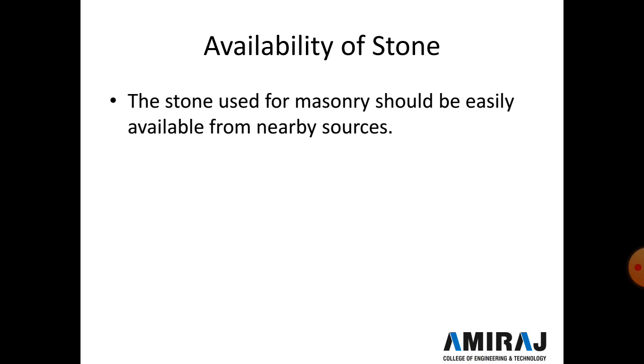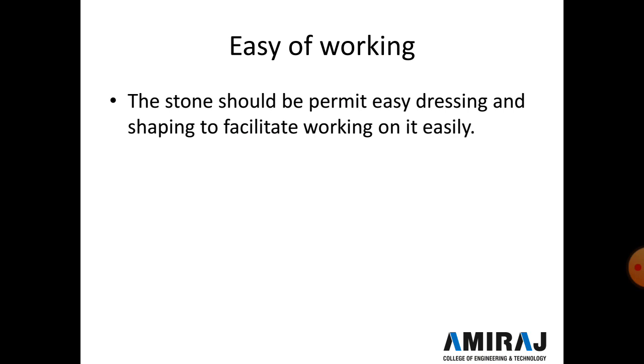Next is ease of working. The stone should permit easy dressing and shaping to facilitate working on it easily. So the stone we select for masonry work is easily cut or dressed, and it is easy for us to handle the stone for masonry work.